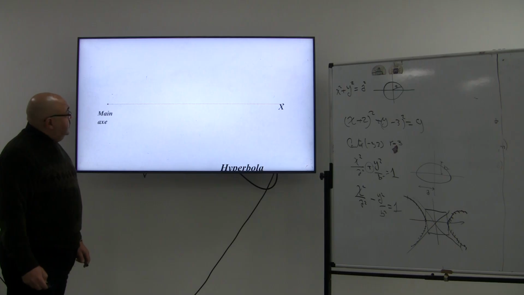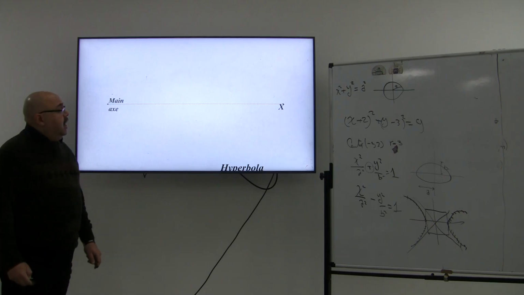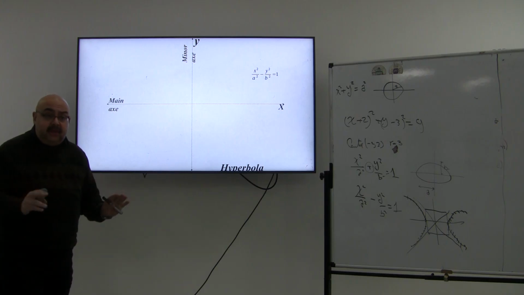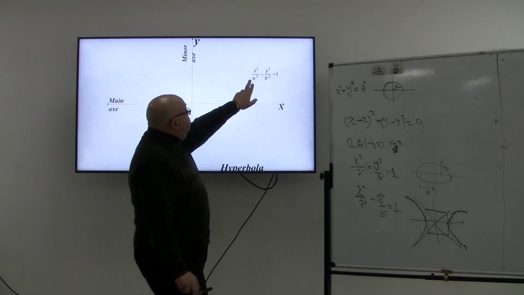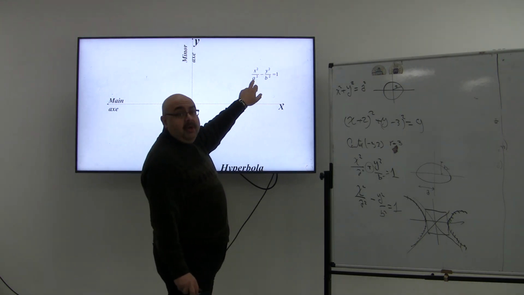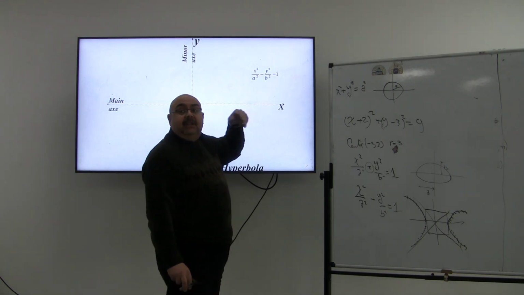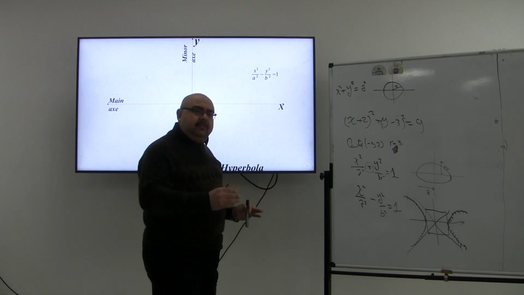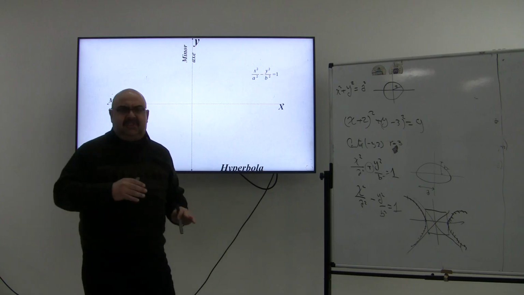This is the x-axis, which is the main axis. Then you will have your secondary axis or the minor axis. If the equation is x squared over a squared minus y squared over b squared equal 1, the first thing to do is to get the square root of a squared and the square root of b squared, identifying a and b. Then I will start by determining the focus, the vertex, and so on.